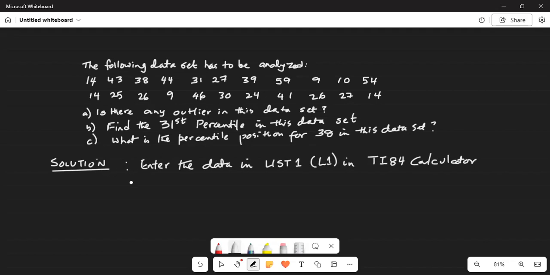So to do that, we'll first clear the memories of the calculator.